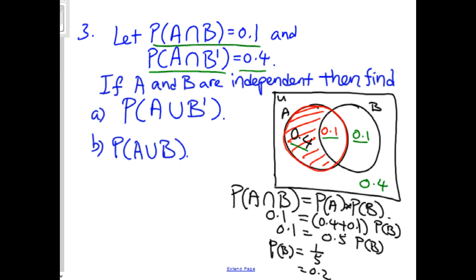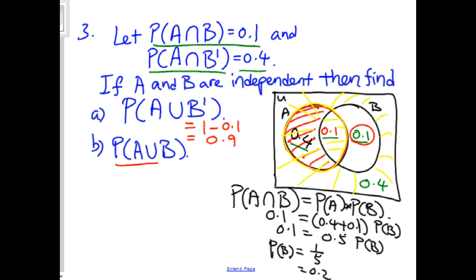So now I'm going to do this question: A union not B. Everything in A, union not B, means including everything that is outside B. So 1 minus this little bit here, 0.1. So the answer is 0.9. A union not B.